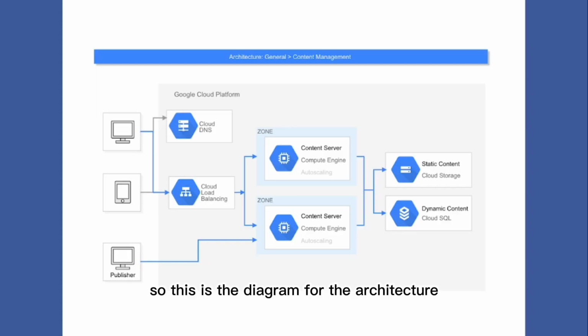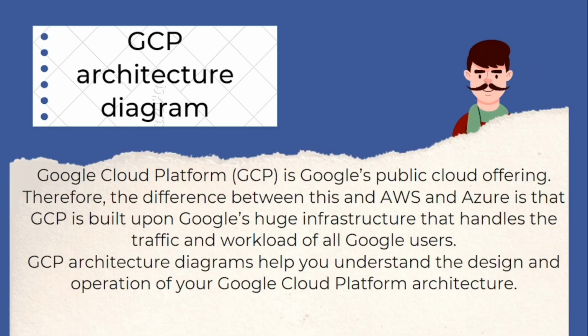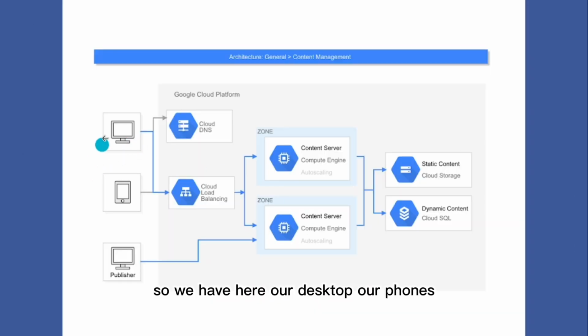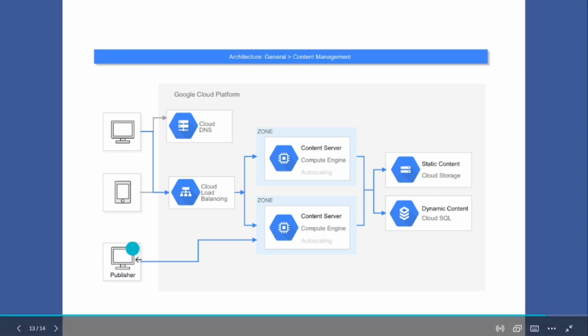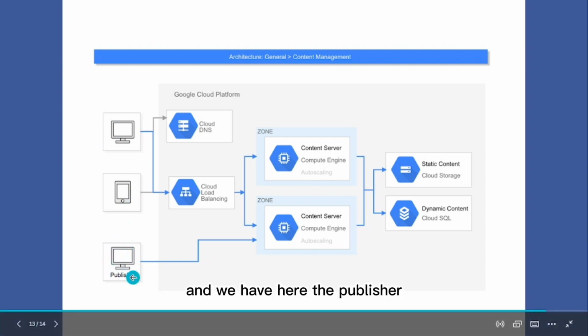So this is the diagram for the GCP architecture. We have here our desktop, our phones, and the publisher.